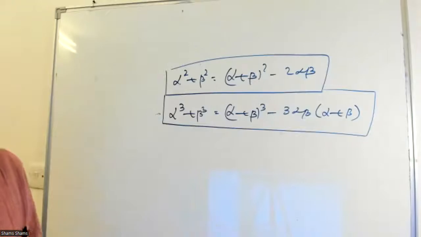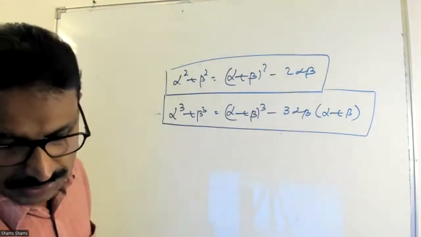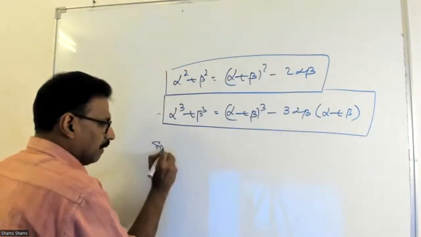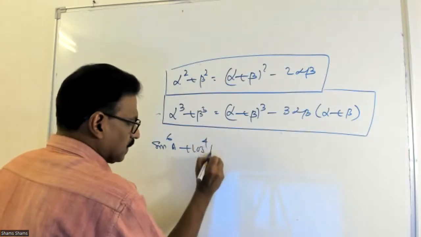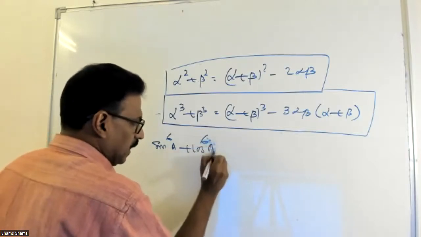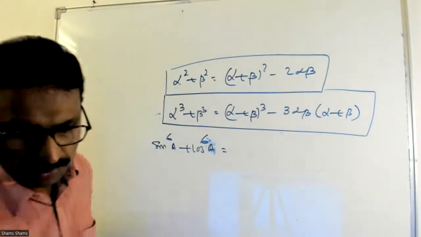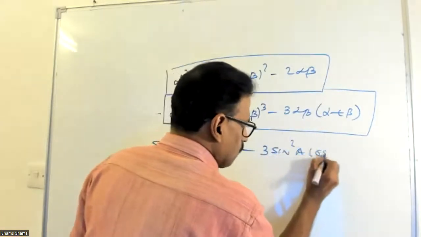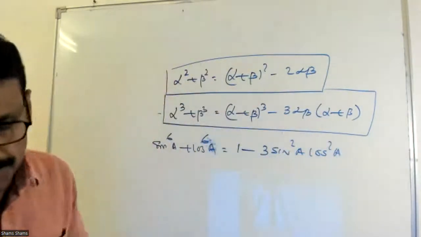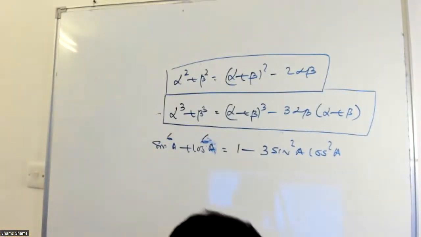The question is: prove that sine raised to 6A plus cos raised to 6A equals 1 minus 3 sine square A cos square A. It's also a star question.